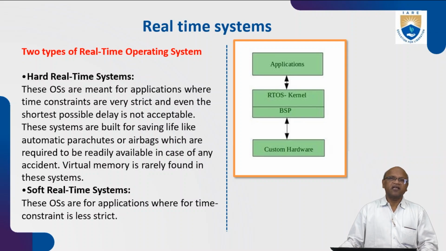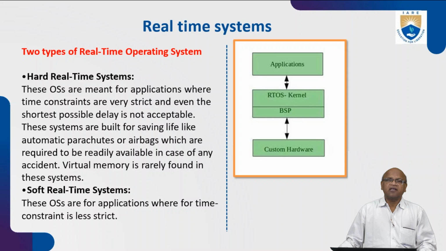Virtual memory is rarely found in these systems. Suppose the airbags in a car do not open in time when an accident takes place; then there will be harm to the driver and the owner sitting in the car. So there should be no delay. That is the emphasis of a real-time operating system.